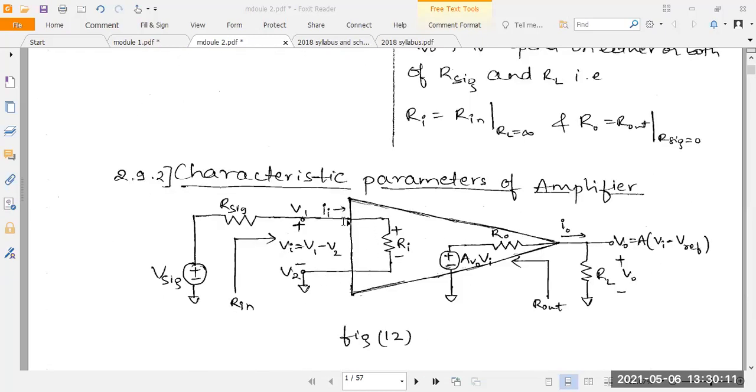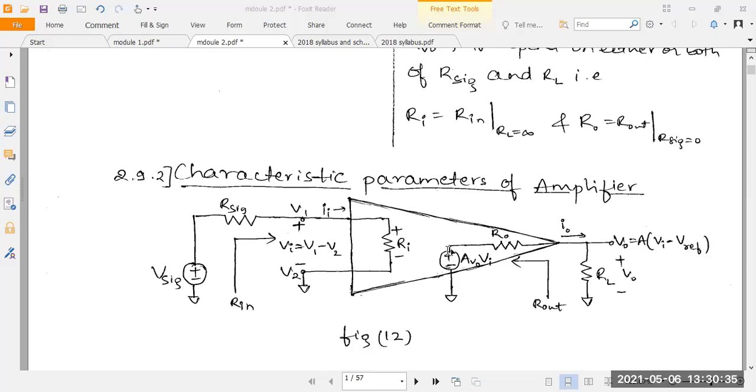See this diagram here. This is the amplifier. There is a triangle symbol, right? That is the amplifier, meaning the op-amp. So within the op-amp, what are the parameters? You have to consider them within the amplifier, not outside the amplifier. Inside the amplifier, they have connected Ri, which means internal input resistance, and R0, which means internal output resistance.